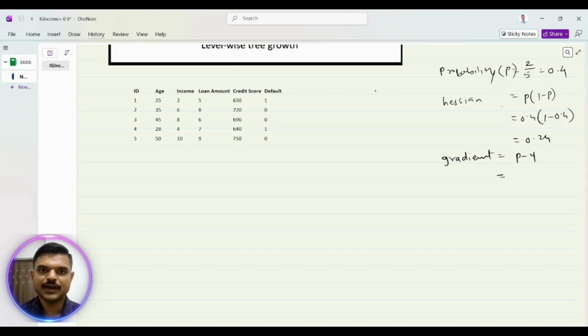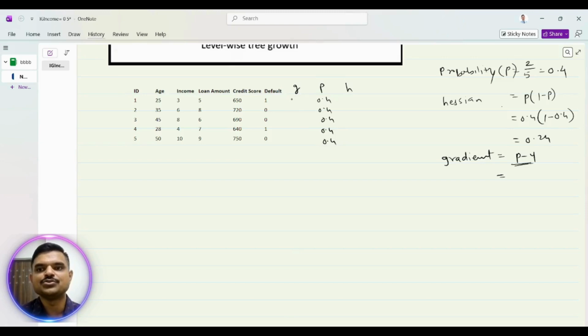See here, the actual value is 1 or 0. So this is the actual formula. We will calculate it here. So here will be the gradient, here will be the probability, and here will be the Hessian. So the gradient will be, first of all, the probability, which is equal to 0.4 for everyone.